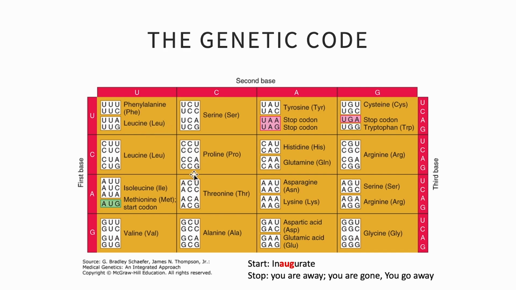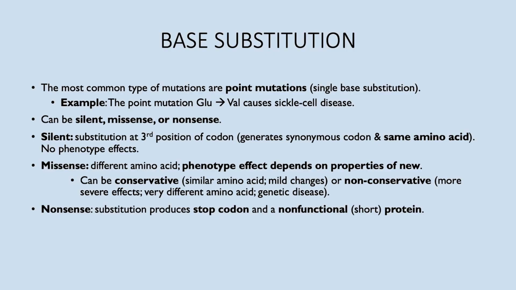In this case, it doesn't matter what base you use in the third position, we always will have proline. So this silent mutation generates what we call a synonymous codon, a codon that codes for the same amino acid and will have no phenotypic effects. So it's not going to manifest with any trait at all.